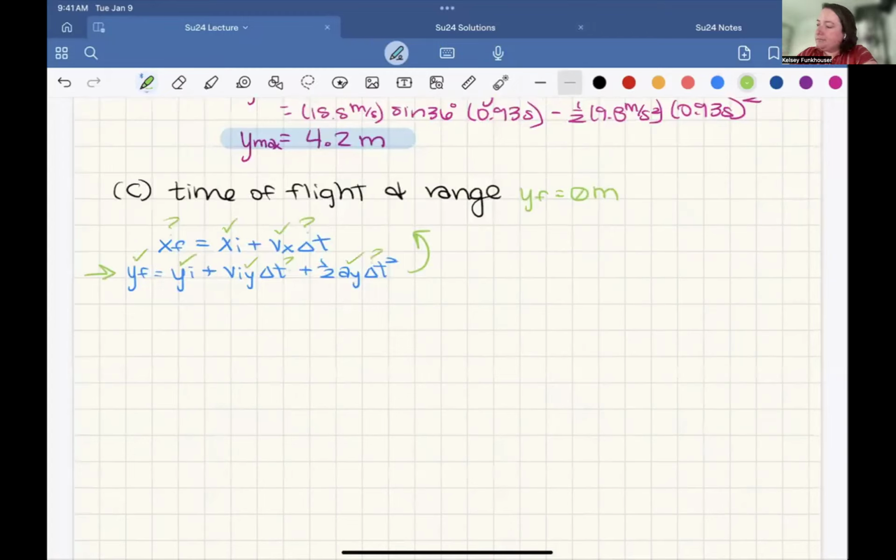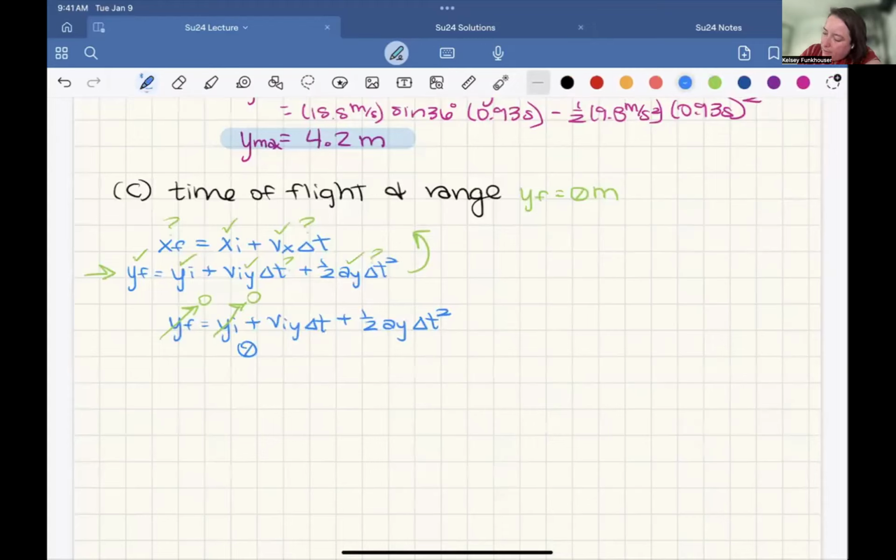So let's do that. Y final equals y initial plus v initial y delta t plus 1/2 acceleration in y delta t squared. So first off, both of these positions are 0. So we get 0 equals v initial y delta t plus 1/2 acceleration in y delta t squared.